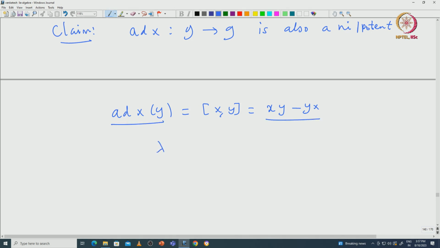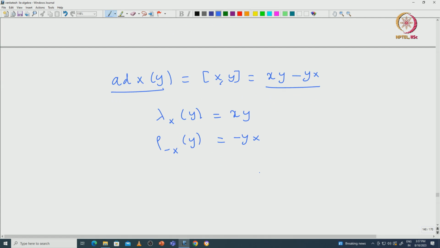You can define the left multiplication lambda x, where lambda x of y is equal to xy, and the right multiplication rho minus x, where rho minus x of y is minus yx. Using these two maps, it is easy to see ad x is nothing but lambda x plus rho minus x. Now, it is not hard to check lambda x and rho minus x both commute.